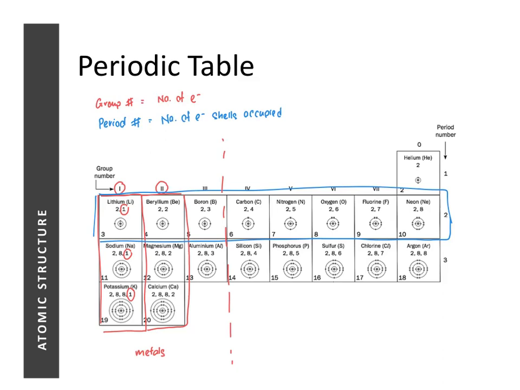Elements found in 4, 5, 6, 7, and 0 are non-metals. So as we move across the period from left to right, the elements become less metal-like and more non-metal-like. So how do we describe that? We say that the metallic character decreases.